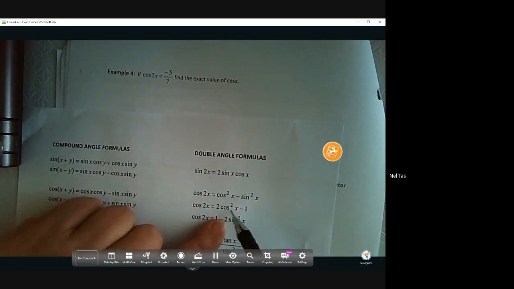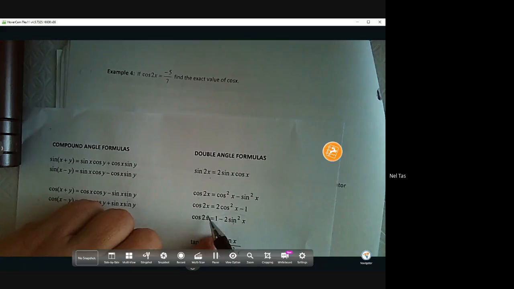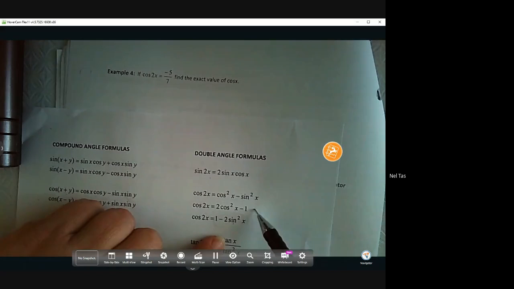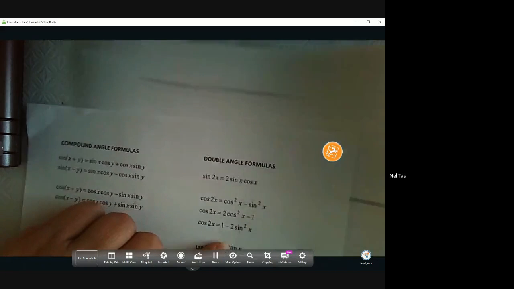If you look at the second formula, you know cos 2x and you are looking for cos x, so it looks like this formula is going to help us. If you pick the last formula, you know cos 2x, you can calculate sine x, but we don't need sine x, we need cos x. So the second formula is the best for this question.